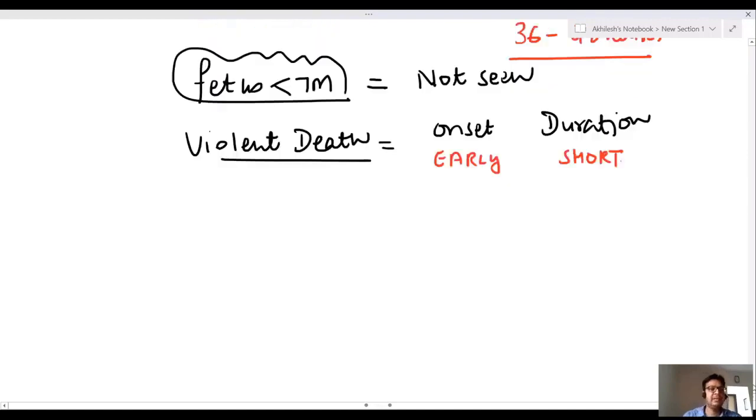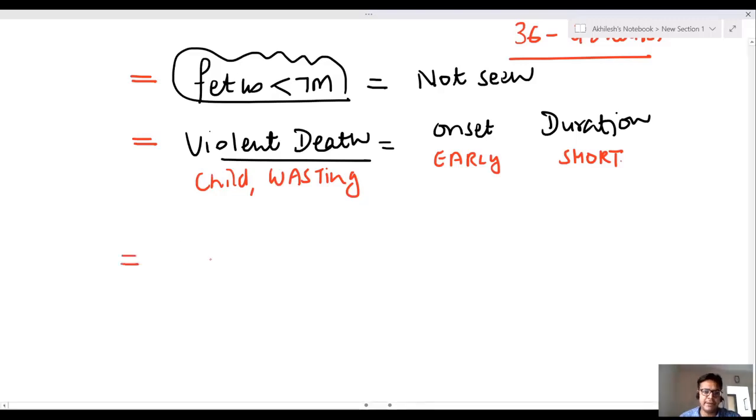Fetus below 7 months of age is not seen. In violent death, or in children, or in wasting disease, where your muscle mass is very thin, it comes early and duration is short.